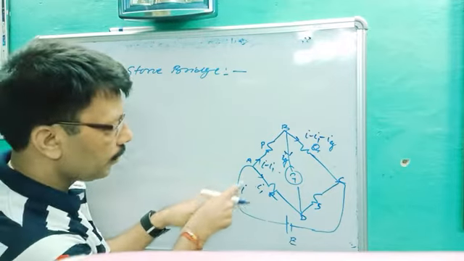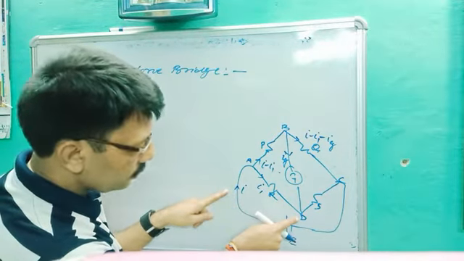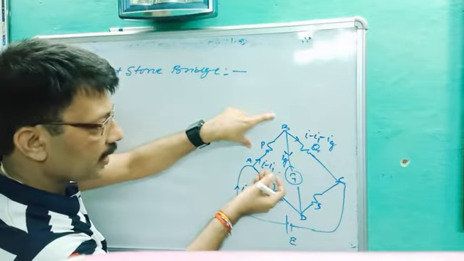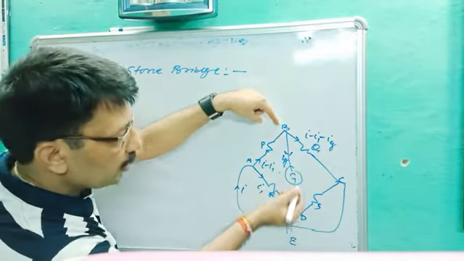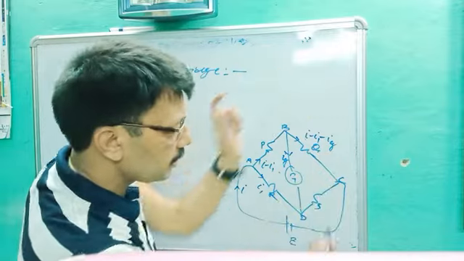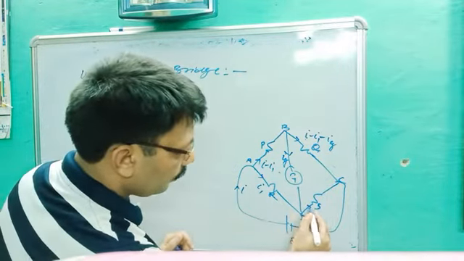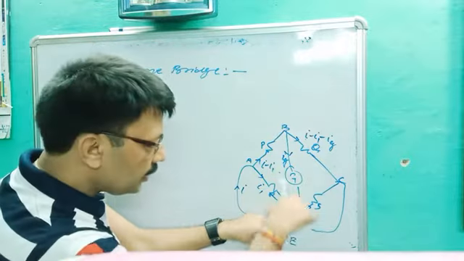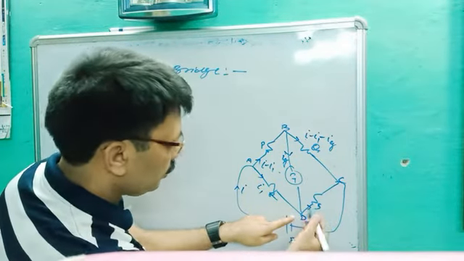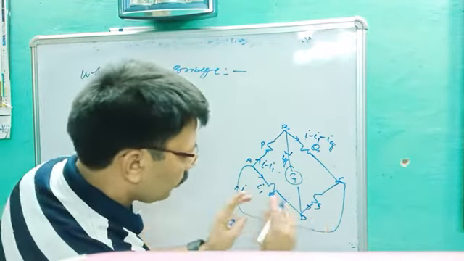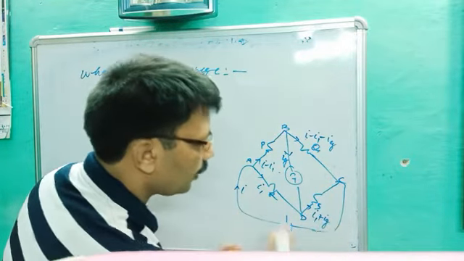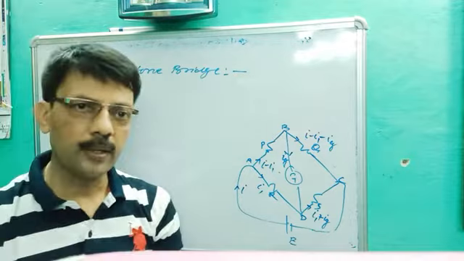Total current I1 moved through the AD branch, so the current there will be I minus I1, and with IG drawn through the galvanometer, it will be I minus I1 minus IG. Again, I1 current is joining the D junction, and IG current is joining the D junction, so the current will add up to I1 plus IG. Okay, are you getting the distribution of current?